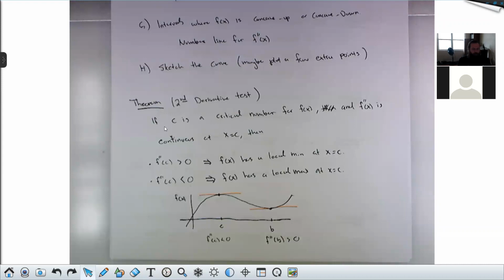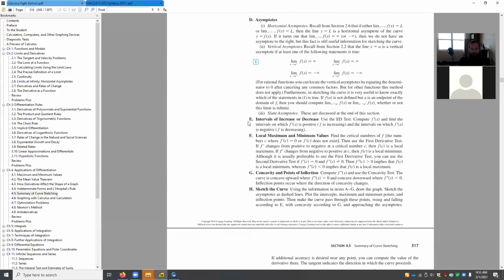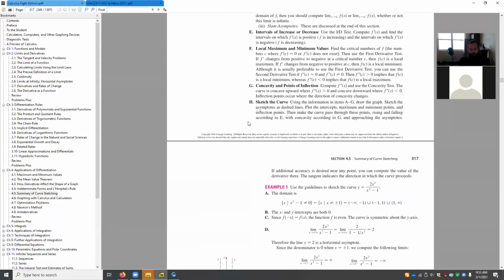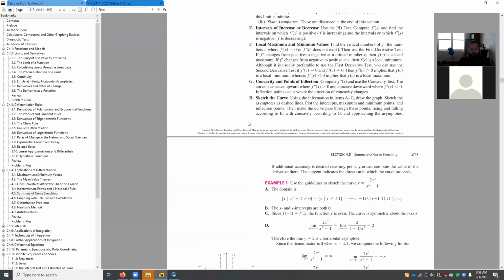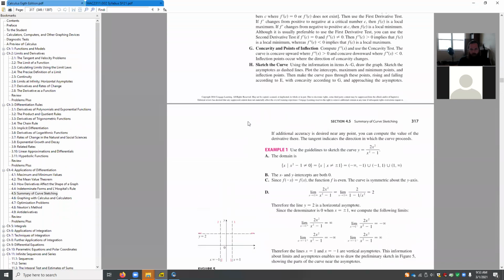So having done all of this, let's take a look at an example. We can run through that one. I have another example that I like more than this, but we'll do this one first. All right, so we're going to use those guidelines.